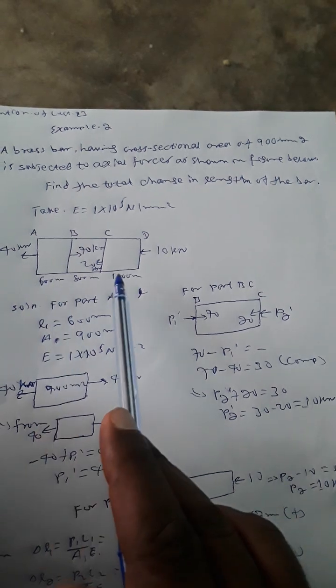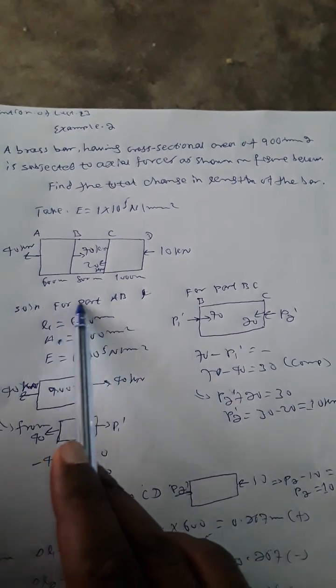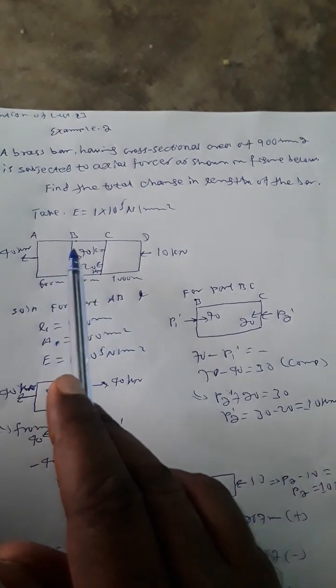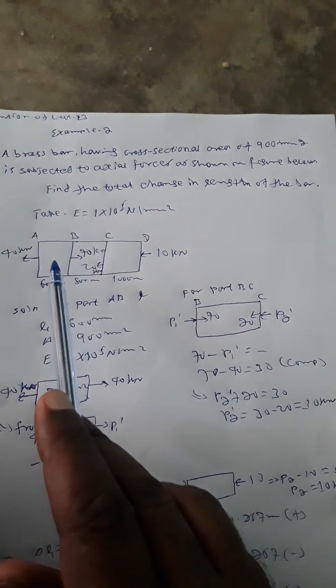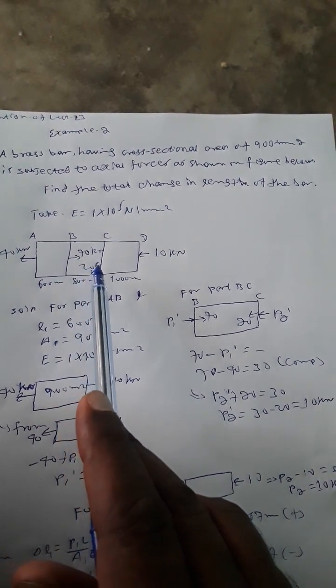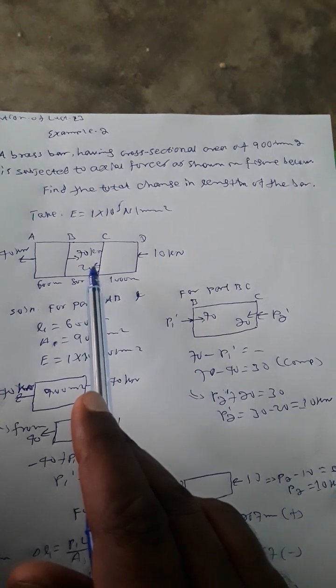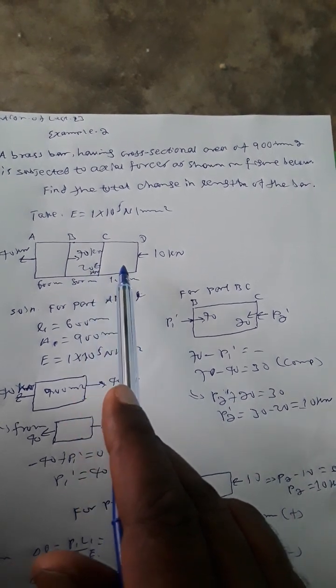Solution: for part AB, the 70 is applied on part 2, not on part 1. The 20 is also applied on part 2, not on part 1.